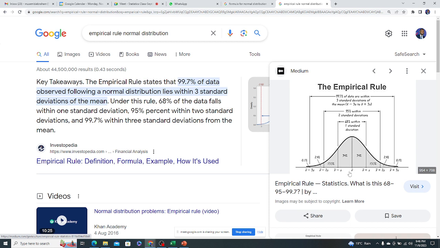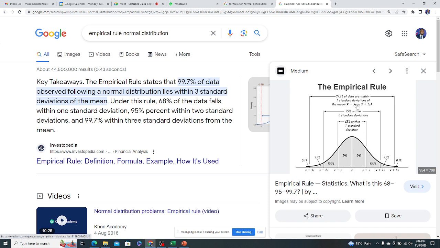This is our mean, that's why you can see x bar here. So here we have x bar minus one standard deviation. You can see this area and this area, it takes the first rule: we should have 68% of the data falling between these parts.